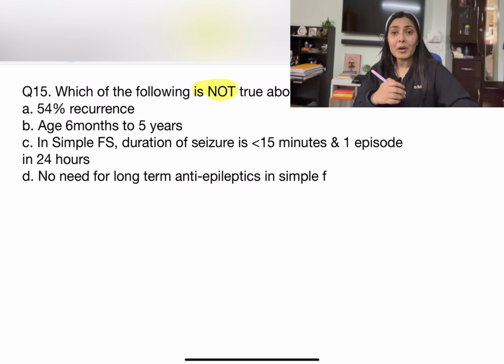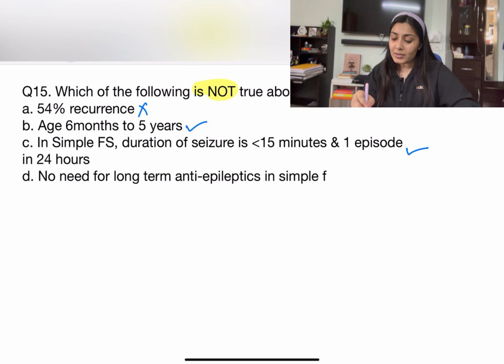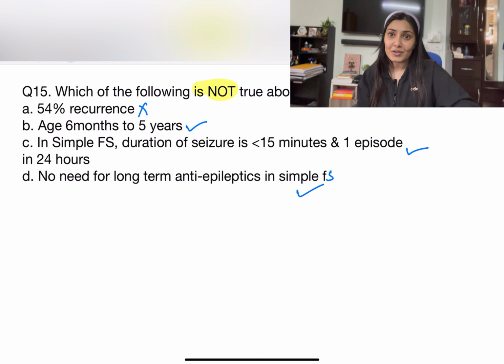The recurrence rate depends upon various factors, and the 54% generalized statement is false. Age 6 months to 5 years, true. In simple febrile seizure, the duration is less than 15 minutes and 1 episode in 24 hours, which is true. No need for long-term anti-epileptics in simple febrile seizure, which is again true. So the incorrect option here is 54% of recurrence, right?